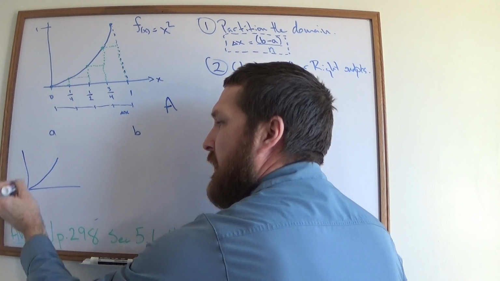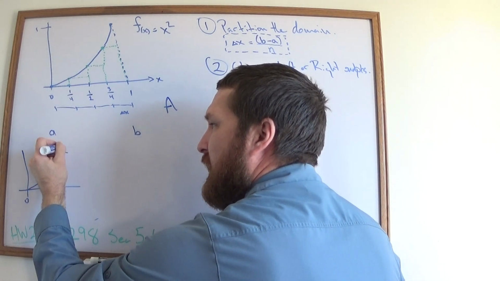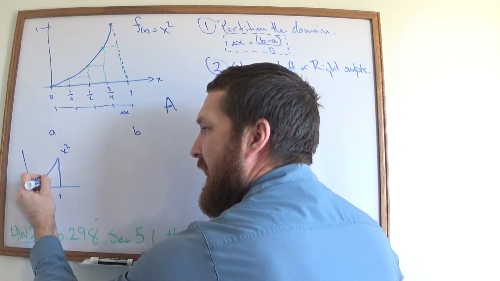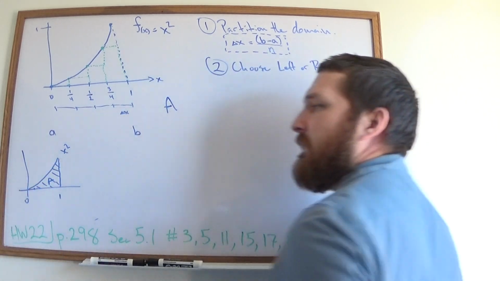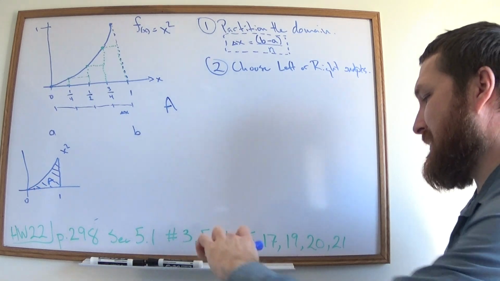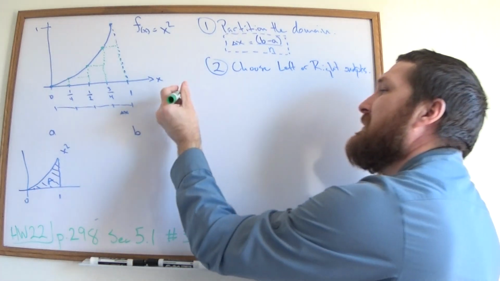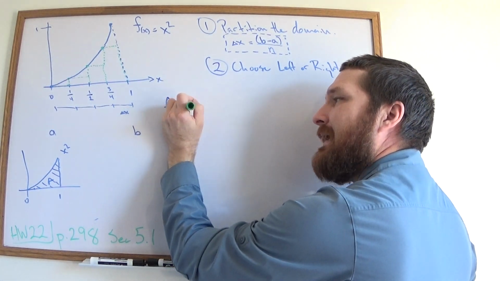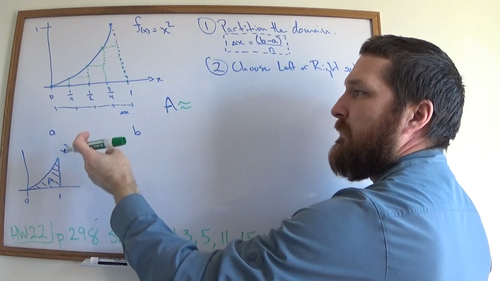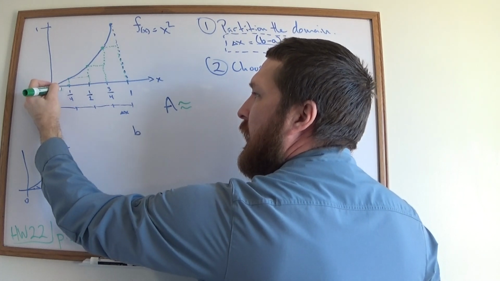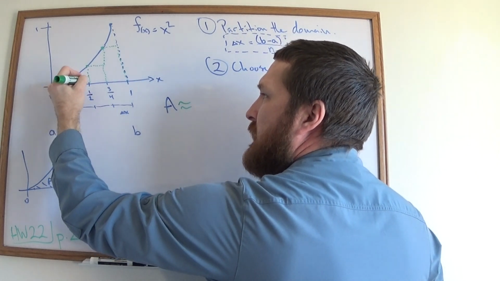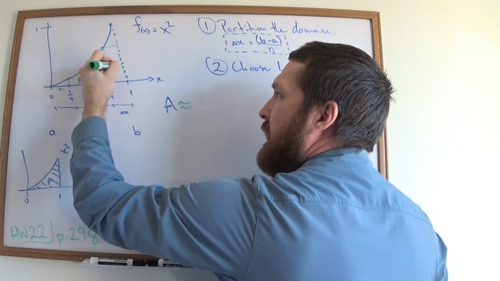So from 0 to 1 under the curve x squared, A is the actual area that we're trying to find, and A is approximately, not quite this, but a decent approximation, of these 4 rectangles, A1, A2, A3, and A4.